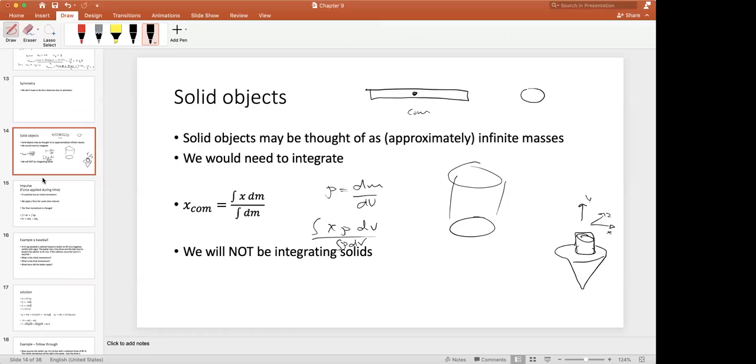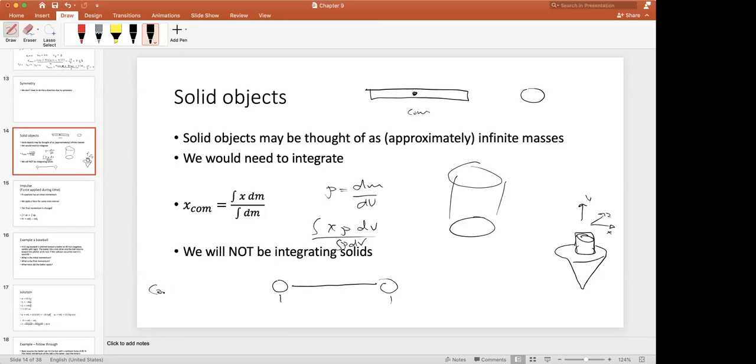We'll get there, but for now, one thing I do want you to do is, in the book, there's a really cool example of a disc, right? And what you can realize is that the total center of mass is built from the center of mass of two objects. So really, when we're talking about two masses, we're saying this one's center of mass is here and this center of mass is here.